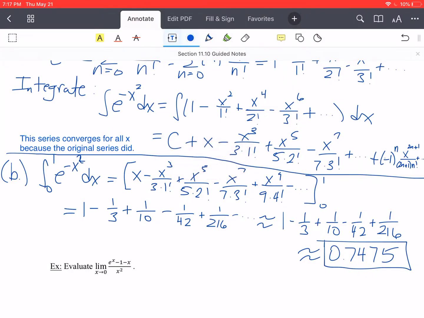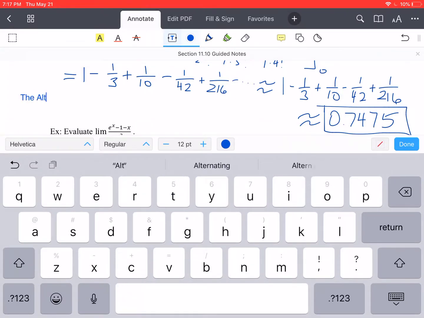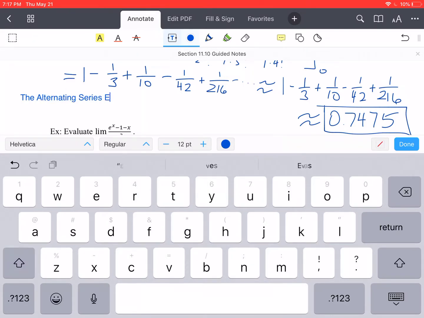Now, how good is this approximation? Well, if you refer back to the previous sections, we can look at the alternating series evaluation theorem.